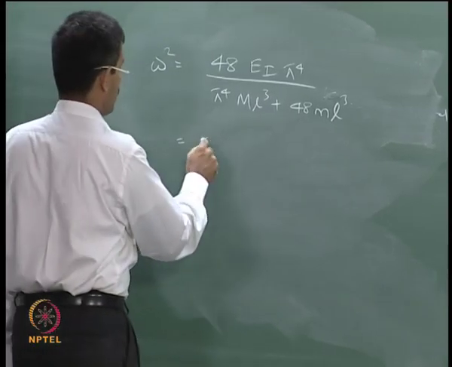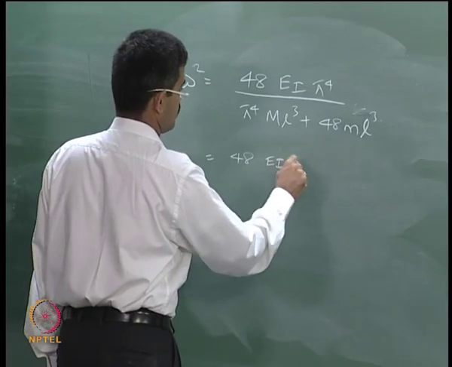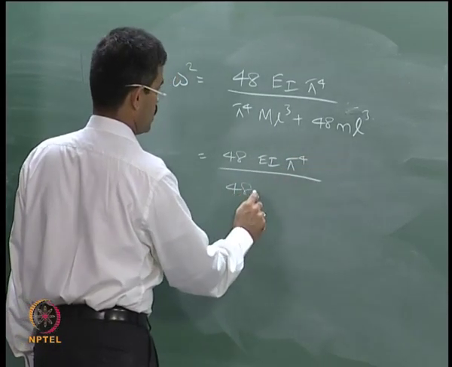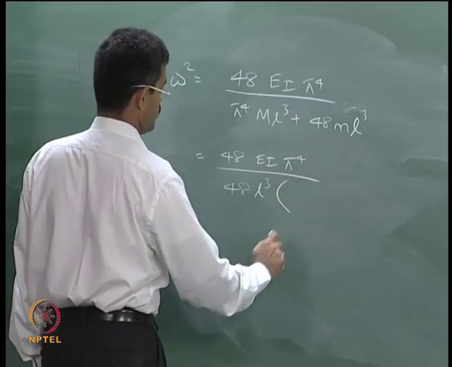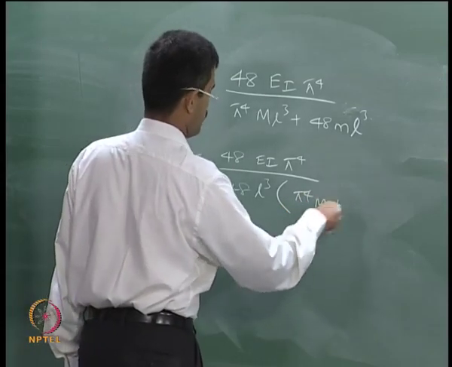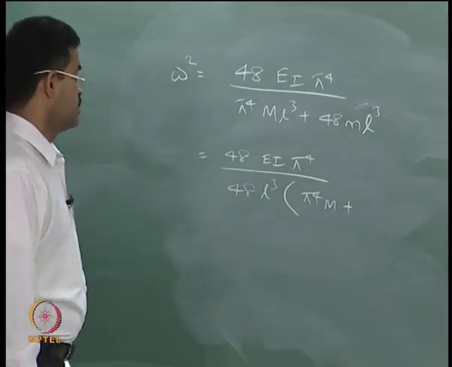So, let us say 48 EI pi power 4 by 48 L cube pi power 4 m by 48.